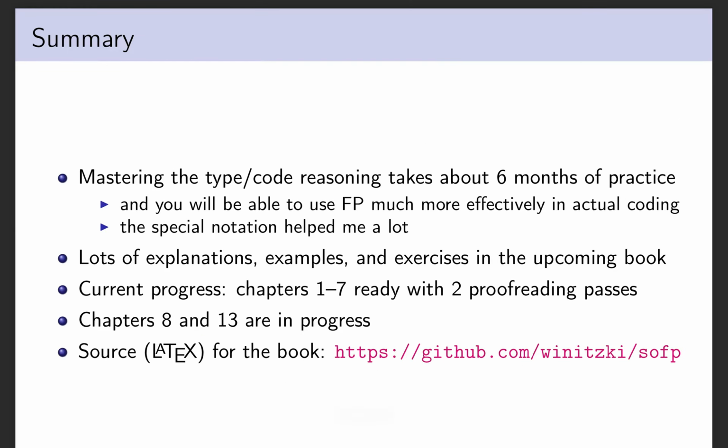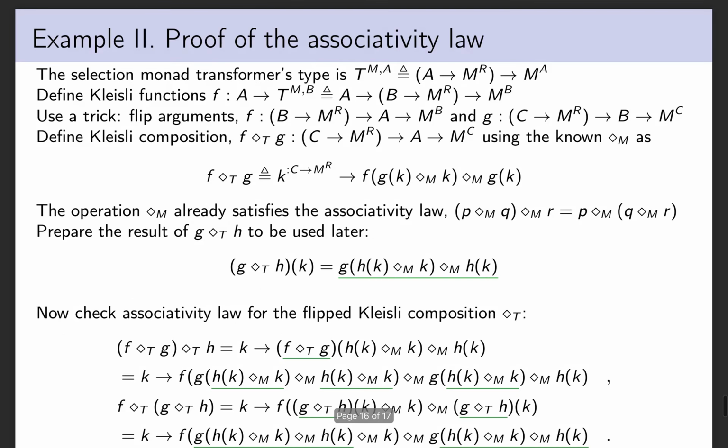Okay. So if the Kleisli composition is associative with the underlying transformation. So I have proved, assuming that this holds for diamond M, that it holds for diamond T. So I prove that this is equal to this.